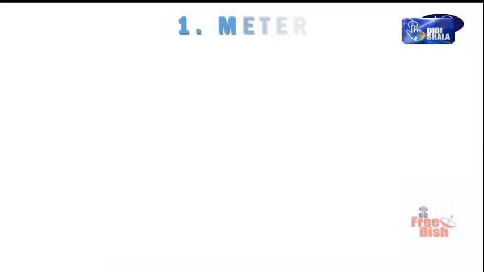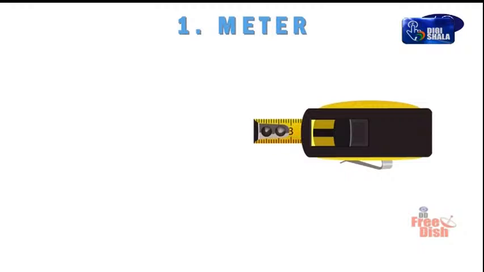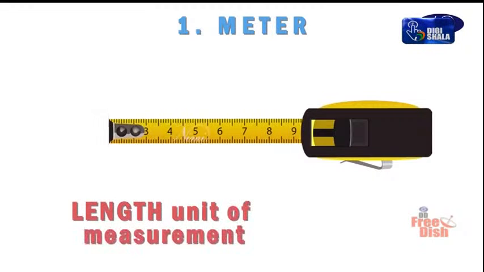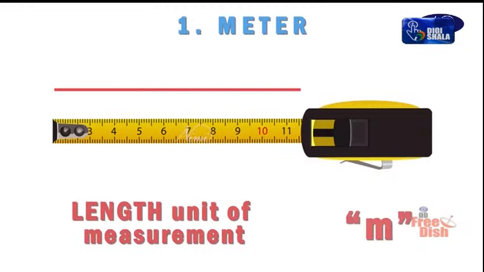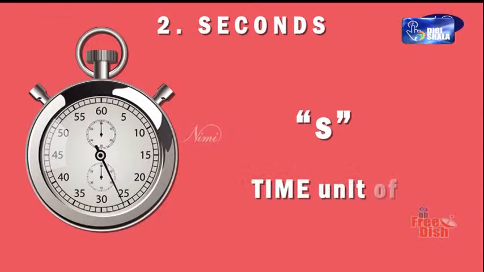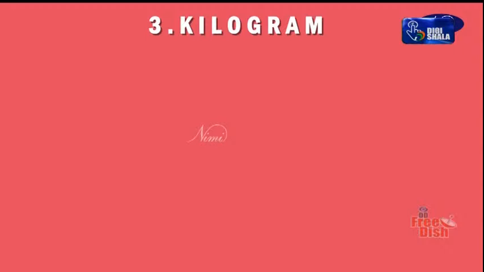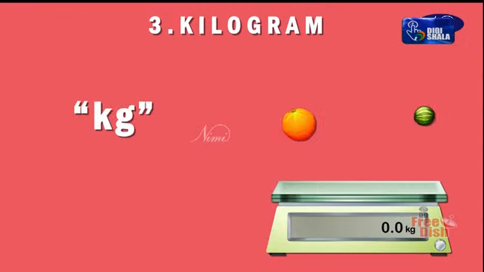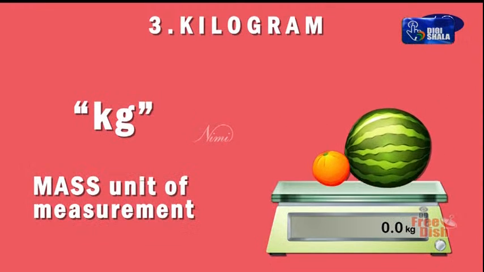Number 1. Meter. The meter is the length unit of measurements. The symbol is M. Number 2. Seconds. Symbol is S. The time unit of measurements. Number 3. Kilogram. Symbol kg. Mass unit of measurements.